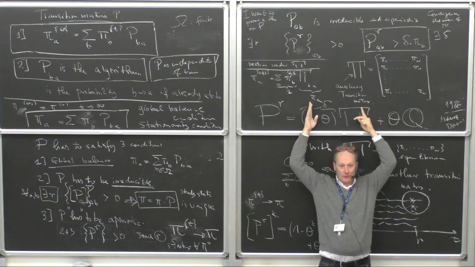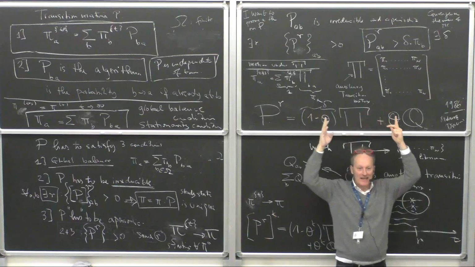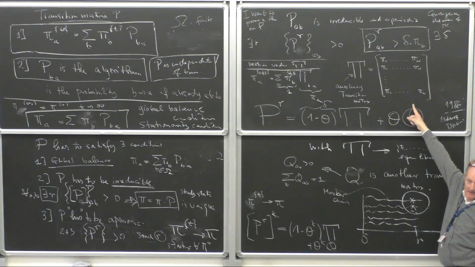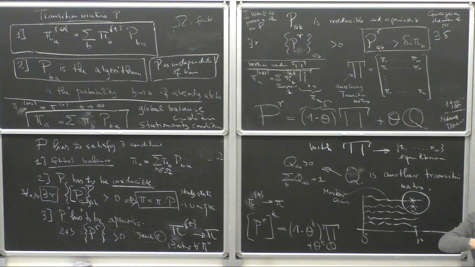You understand that P to the power infinity is going to be exactly pi. So if you run for a very long time, then you have pi. But even at finite time, you have a part of the truth in your computer.